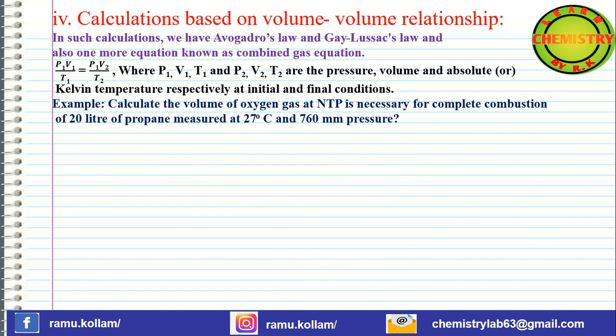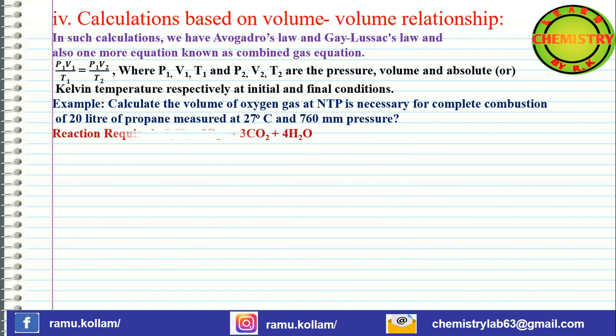We need to find out how much volume of oxygen is required for complete combustion of 20 liters of propane. So we need to calculate the volume of oxygen when we want to burn 20 liters of propane completely. Very easy.